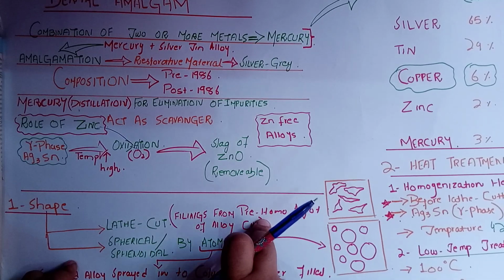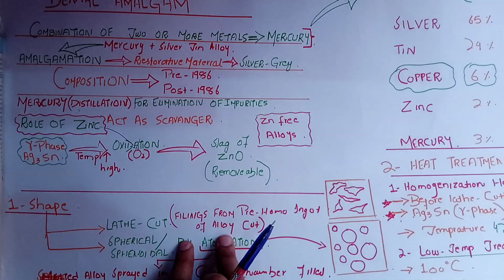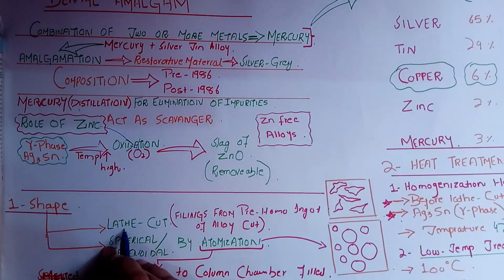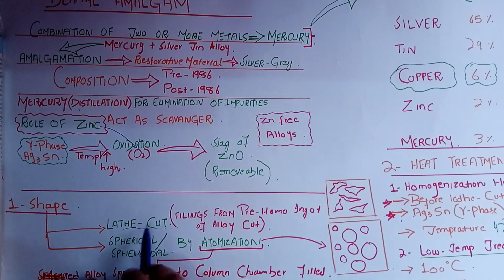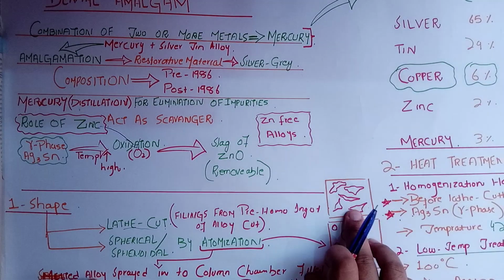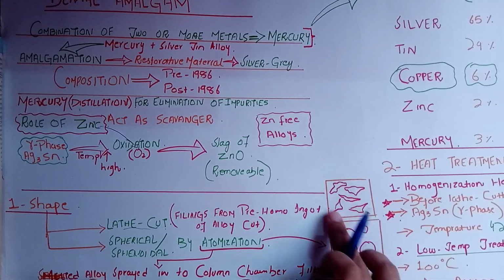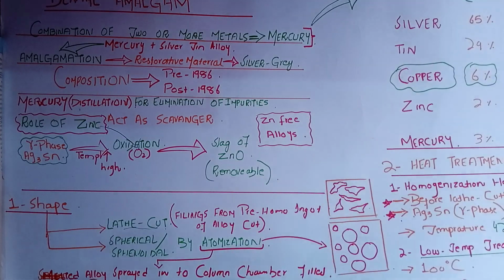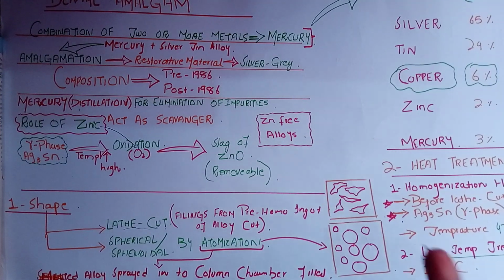As a result of this process, the lathe cut form of the alloy can be obtained, which is really irregular in shape, and we can modify these irregular shapes into our desired form.